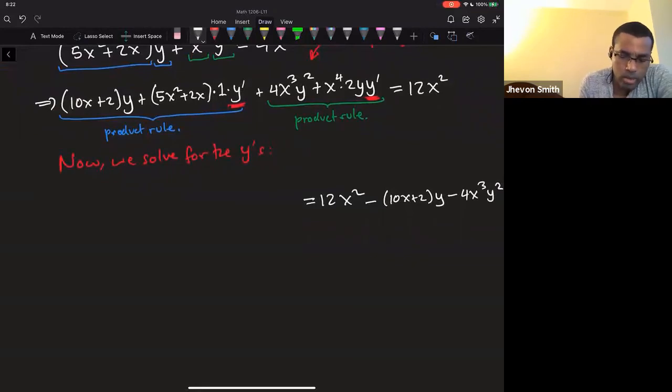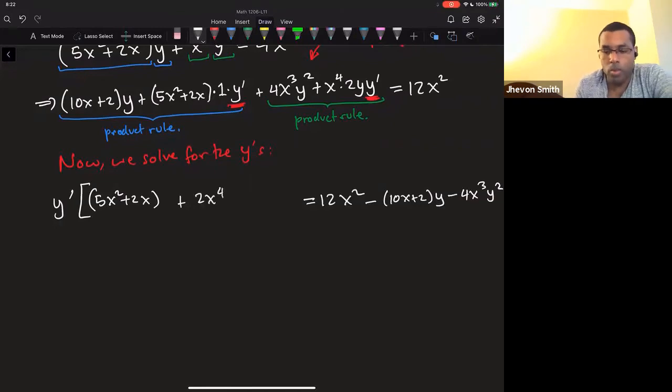Now on this side, I'm going to have y prime, but I have a common term. So here I have 5x squared plus 2x, and then over here, I have 2x to the fourth y.